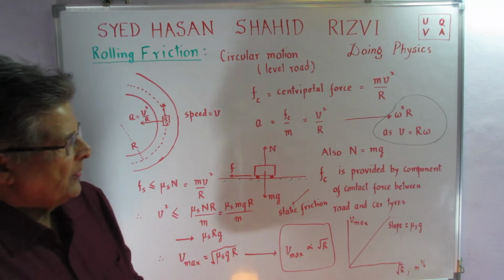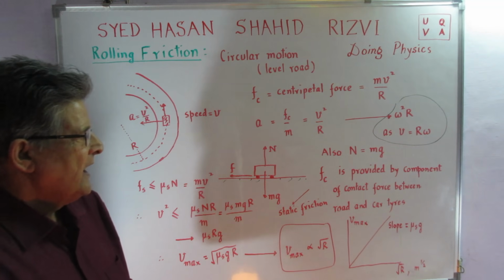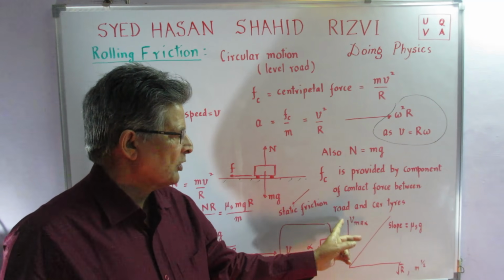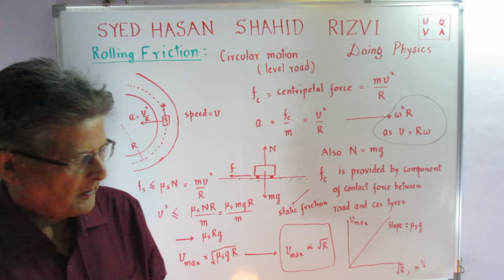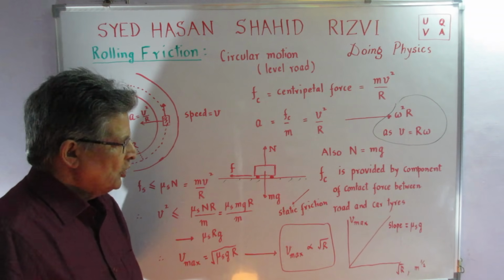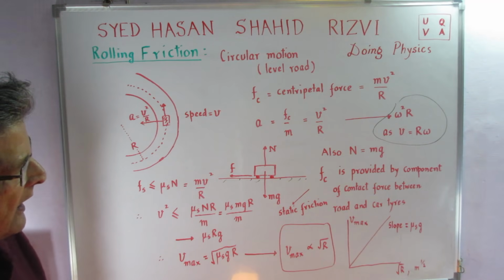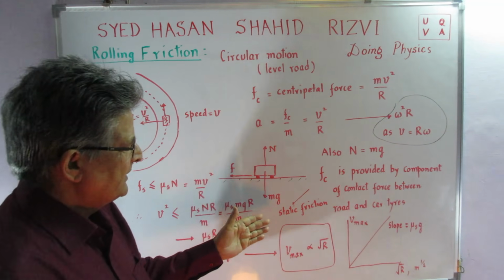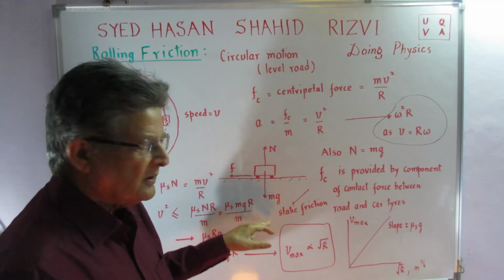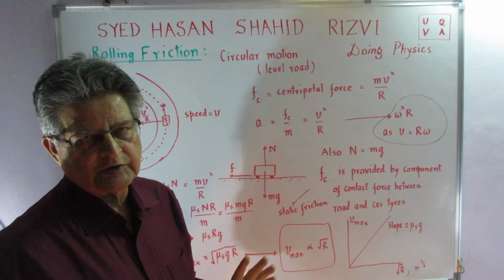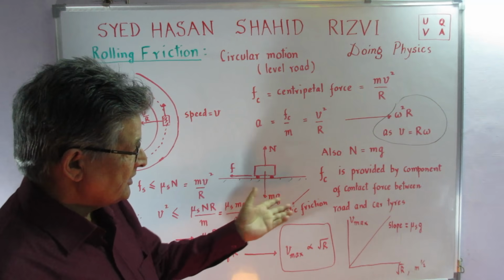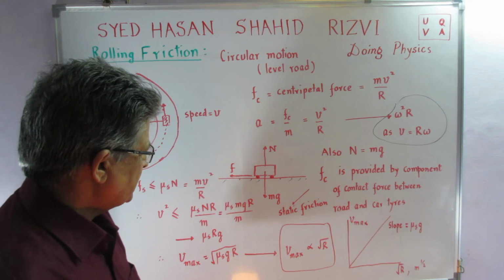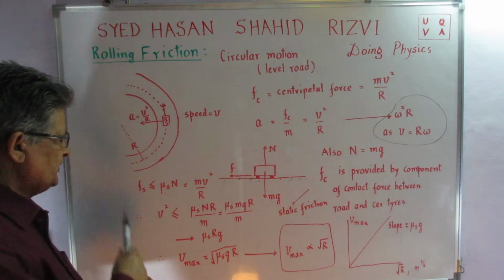Now Fc, the centripetal force, is provided by the component of the contact force between the road and the tires of the vehicle. There is another point to be borne in mind: it is the static friction which works in this case, because the dynamic friction is less than the static friction, so we take the limiting static friction case, and we have mu s.